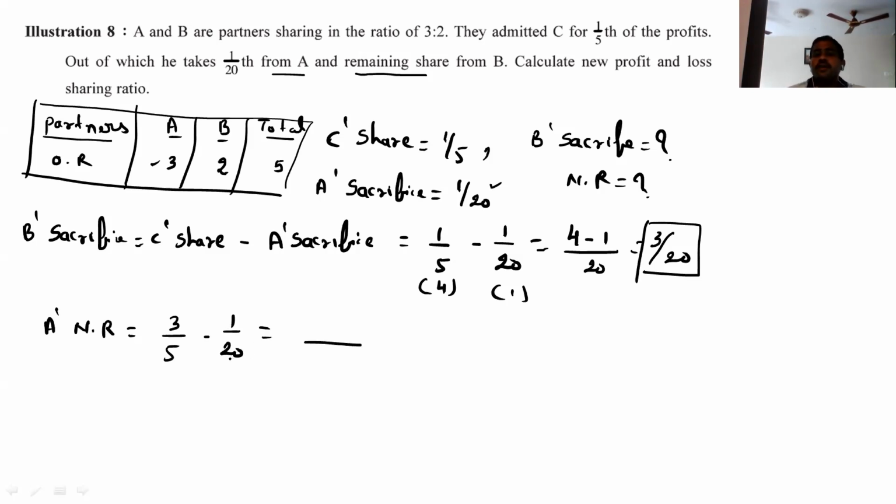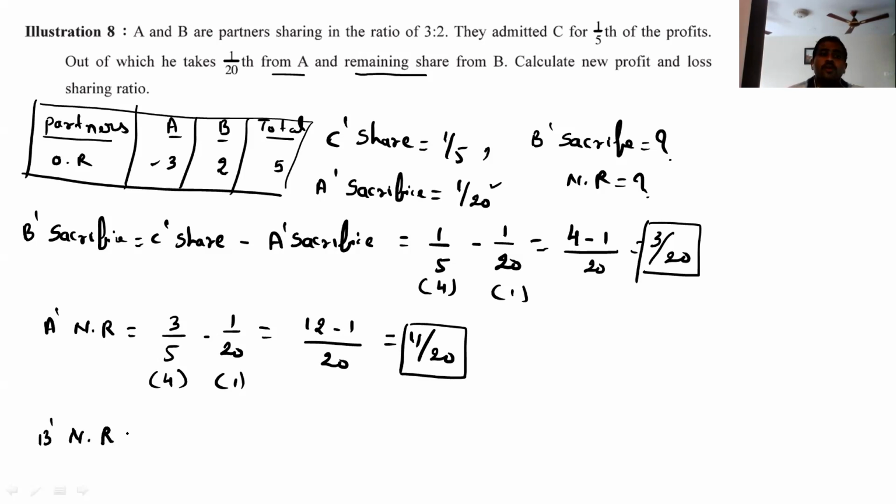Again, better we take the LCM: 5 fours are 20, 3 fours are 12, so 12 minus 1 upon 20, and it comes to 11/20.